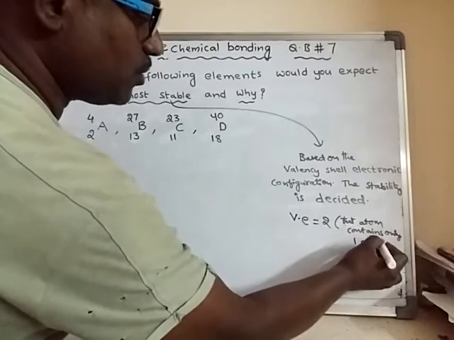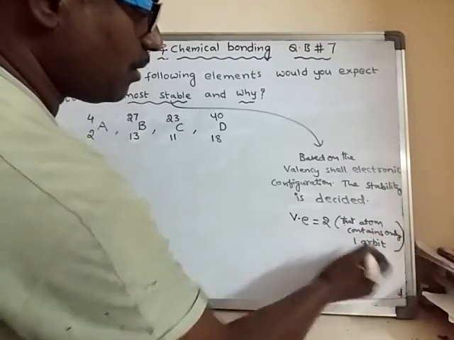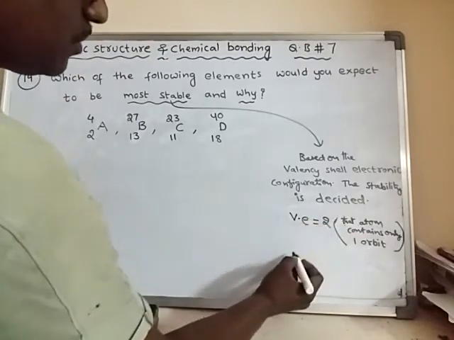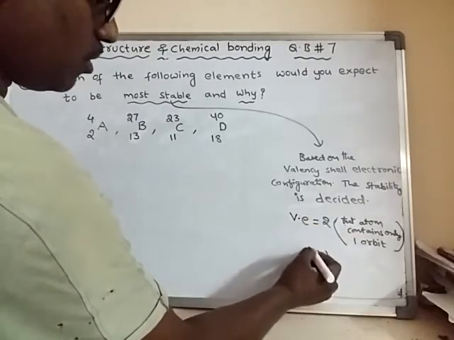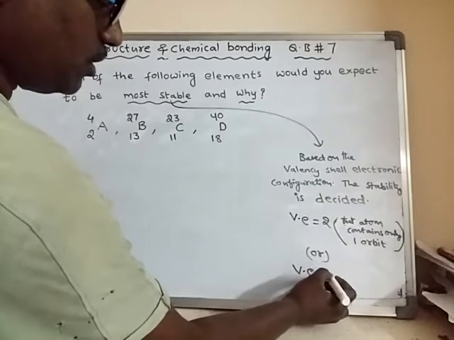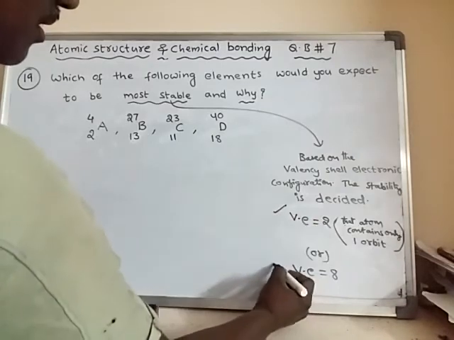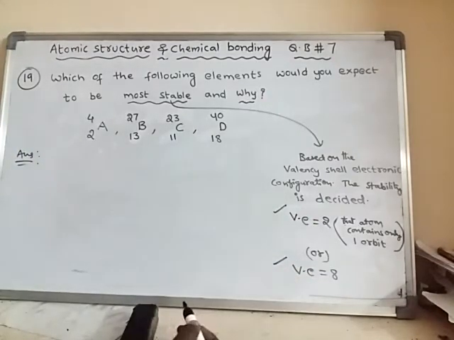If an atom contains only one orbit and that orbit also contains 2 electrons, then it is stable. Or if valence electrons is equal to 8, then also it is stable. So if these conditions are met, then that atom is said to be stable atom.